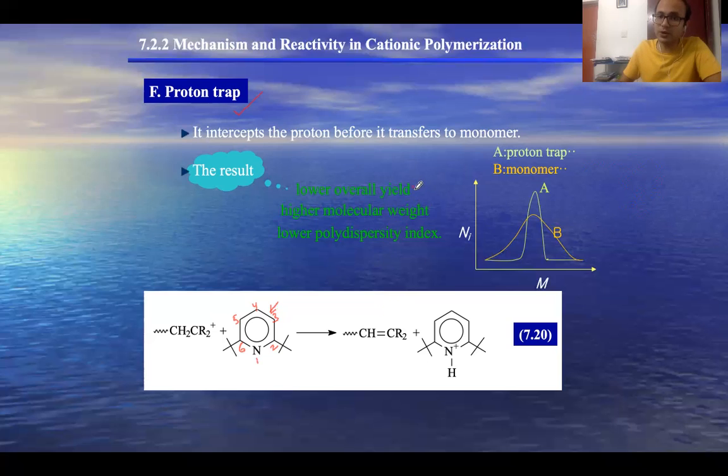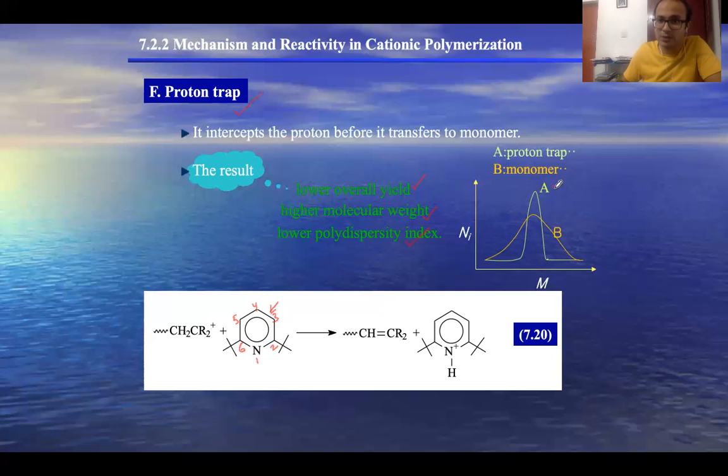So what is the effect of this? Though the overall yield might be low when we use this kind of trap, the molecular weight that we get here is pretty high, because it is not causing unnecessary loss of the monomer through the chain transfer process. Another thing is low polydispersity index. Rather than getting a broad molecular weight distribution, we will get a sharp molecular weight distribution.